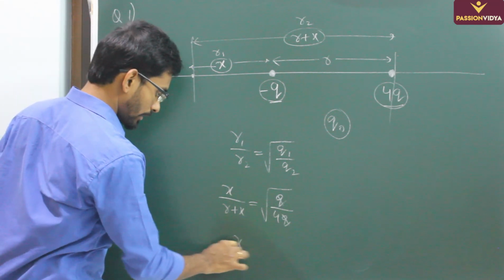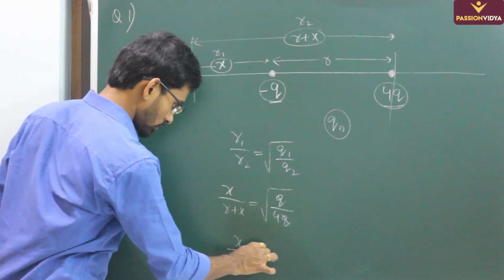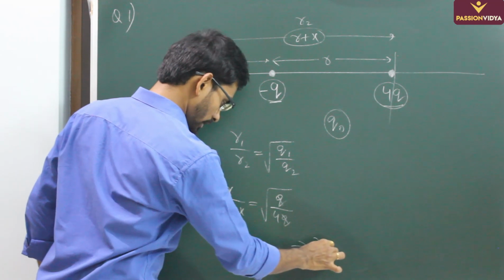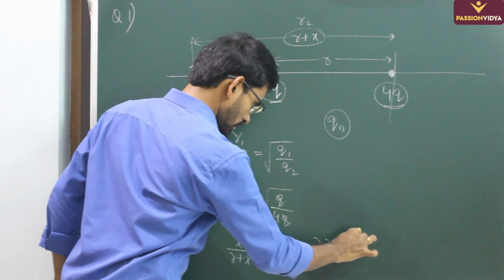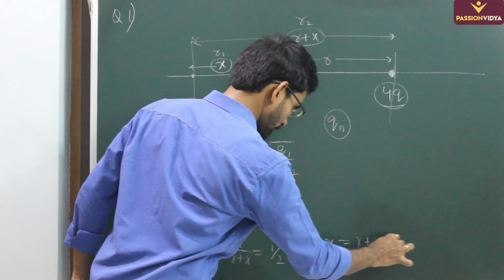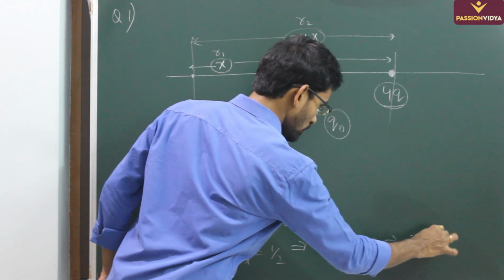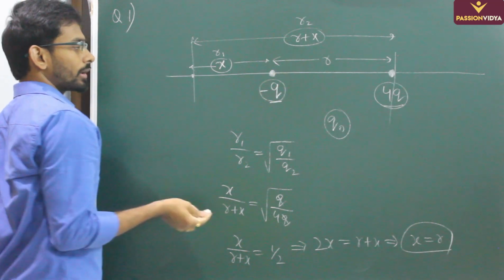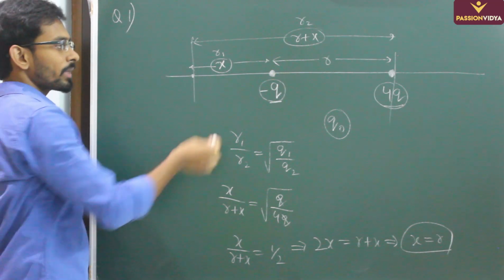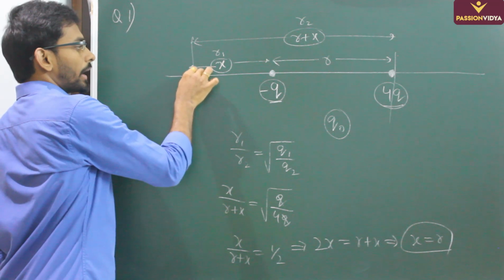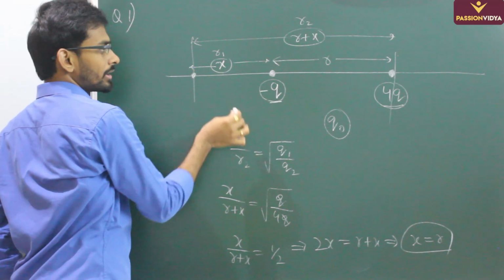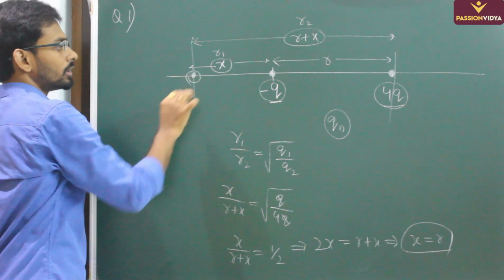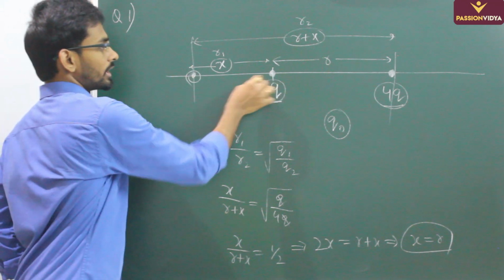So x by r plus x is equal to 1 by 2. From here you will get 2x is equal to r plus x. That implies x is equal to r. So you will get the equilibrium position. q0 will be in equilibrium when you place it at a distance r from the minus q charge towards left. So this is the position where it is in equilibrium.